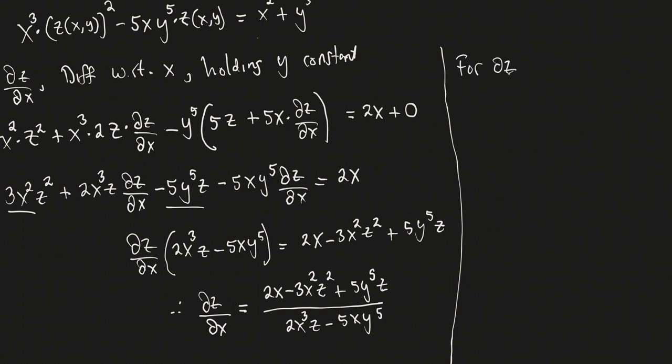So for dz dy, again, we're going to differentiate with respect to y, and now we're going to hold x constant. So differentiate with respect to y, and then hold x constant, right?